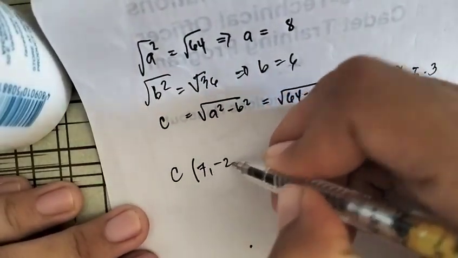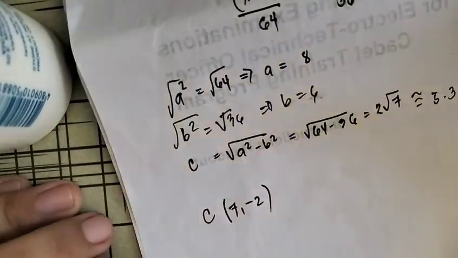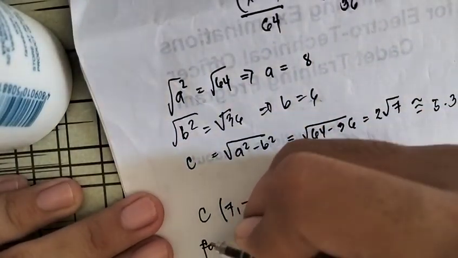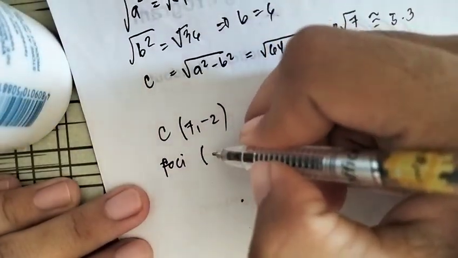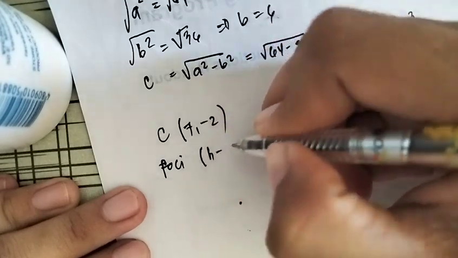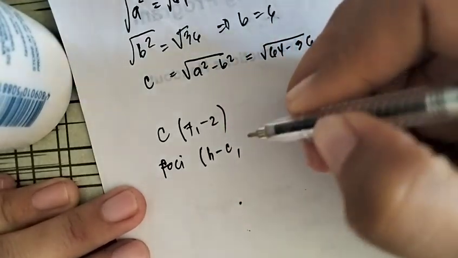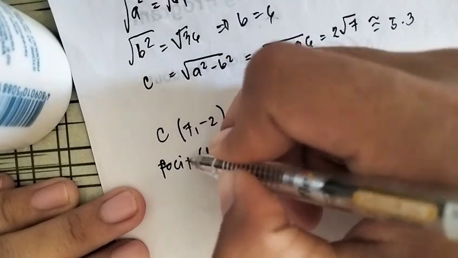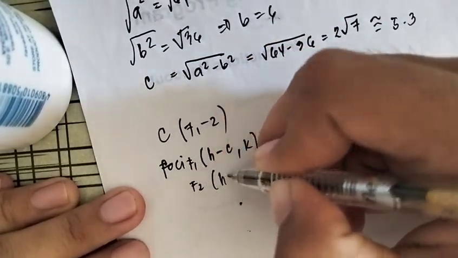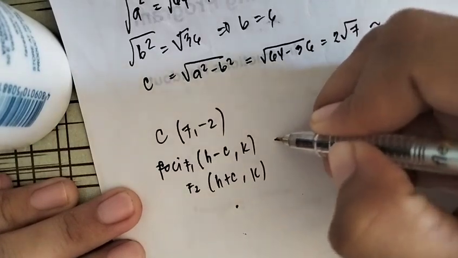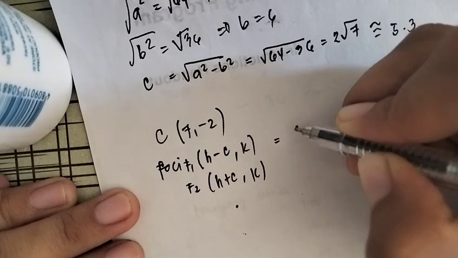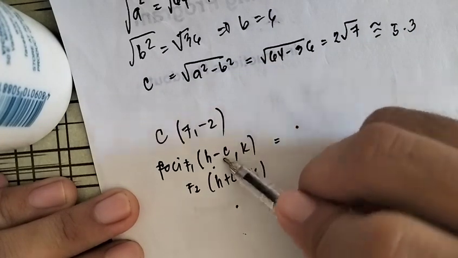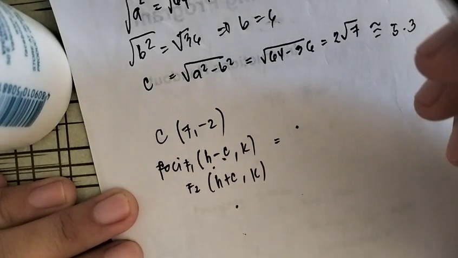So, 7, negative 2. And then, for the foci, kay horizontal man siya, unsa ang magpaabilin nga pareha ang A. So, si 7, ang dari mahimong H minus C, and then K, F1, F2, H plus C, K. Numero din na siyang 7, pila man ni 7 minus C nga 5.3.